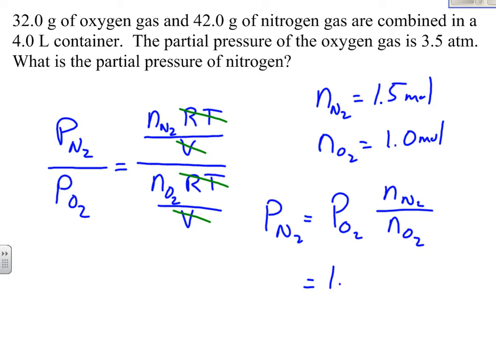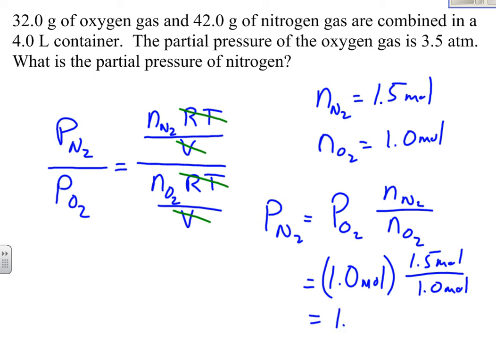So 1.0 atmospheres of the O2 times the ratio here, 1.5 moles over 1.0 moles, and we get 1.5 atmospheres for the pressure of the N2.